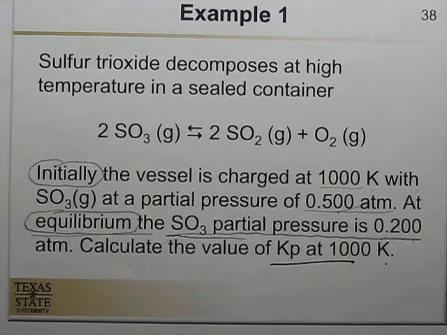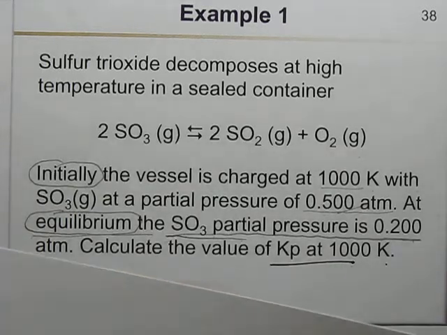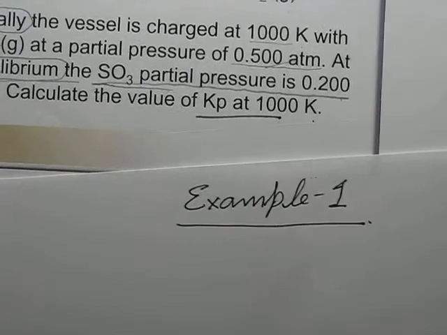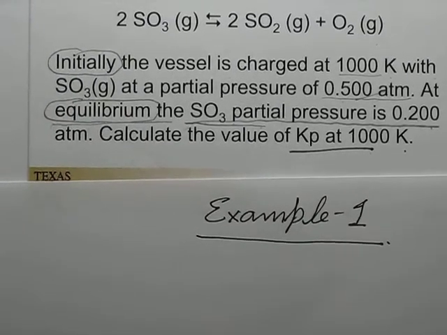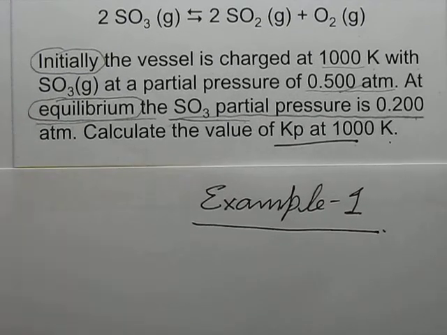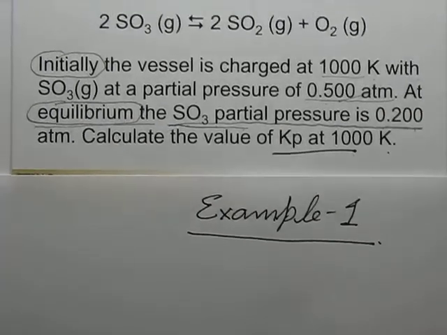And to calculate the Kp value, basically we can use the ICE chart, and this is a good example for it. So let me explain how we can write the ICE chart for this one.